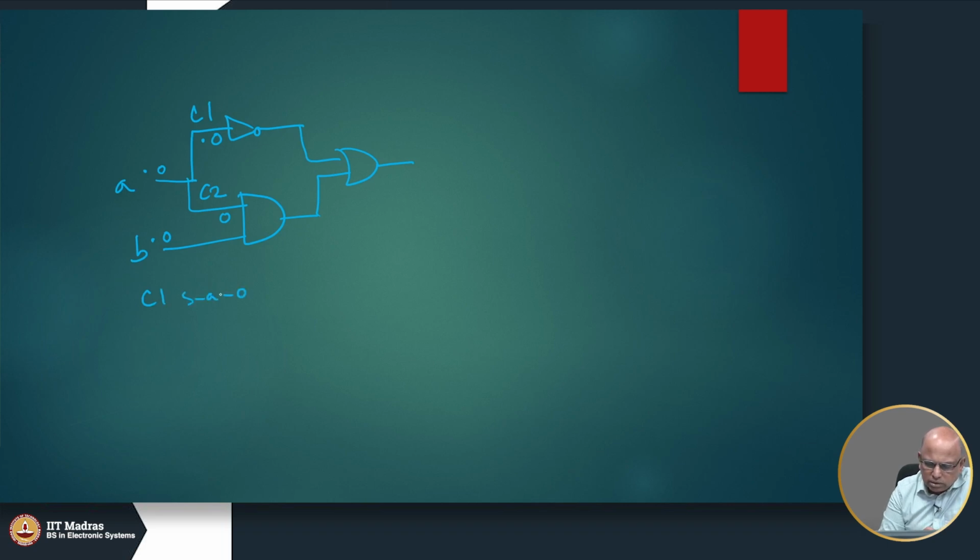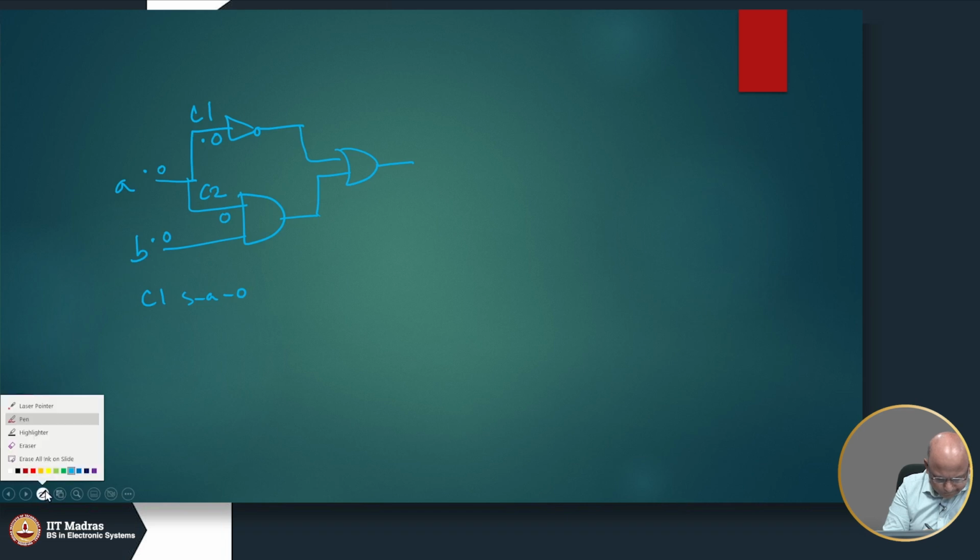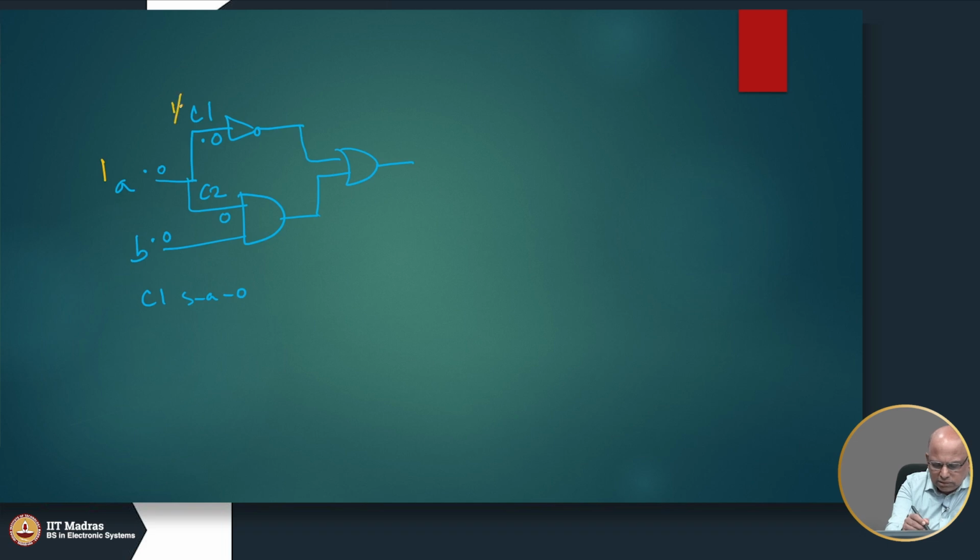Okay. So, C1 stuck at 0, we will have to activate the fault by placing A equal to 1. Okay. So, A equal to 1 is required to activate the fault. So, that will produce a 1/0 here.